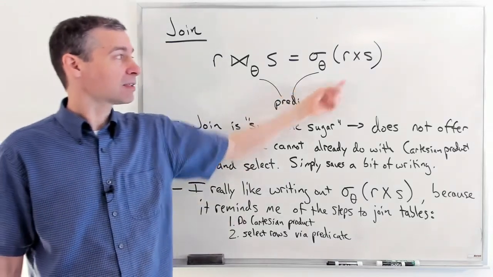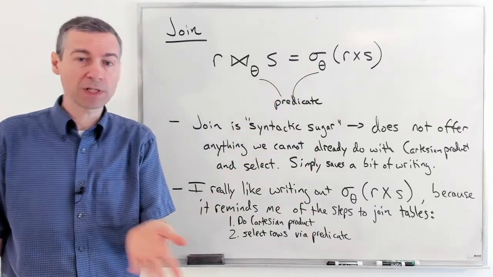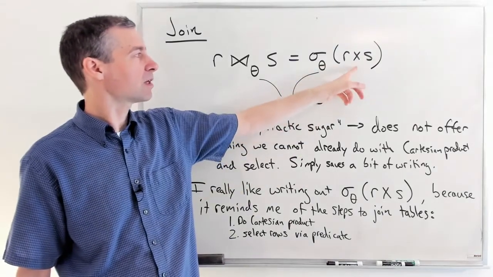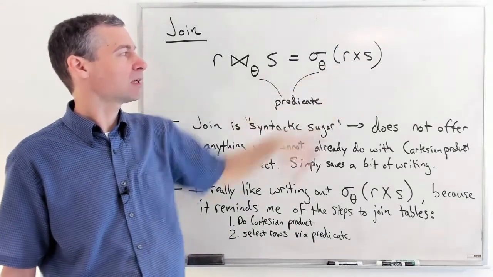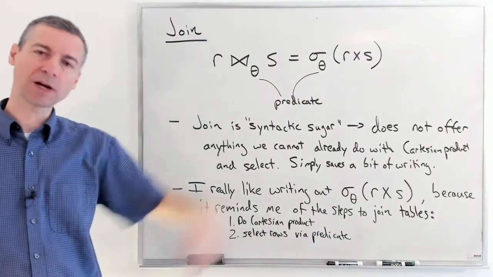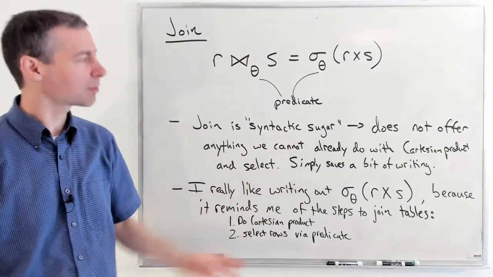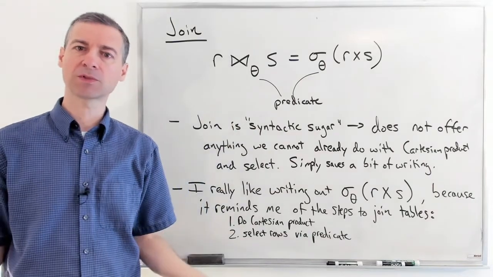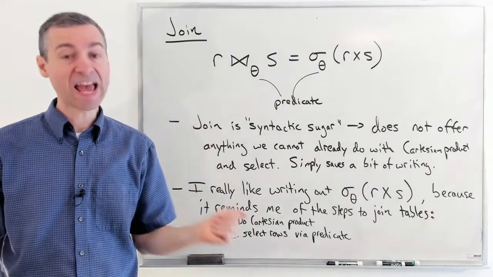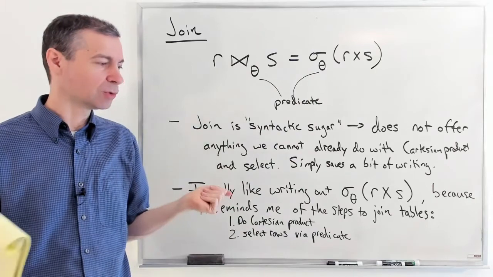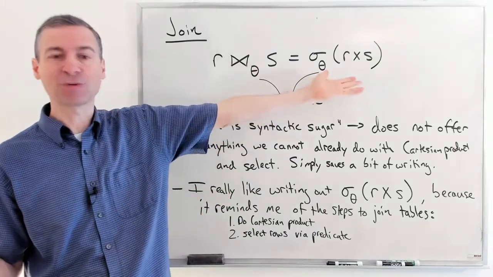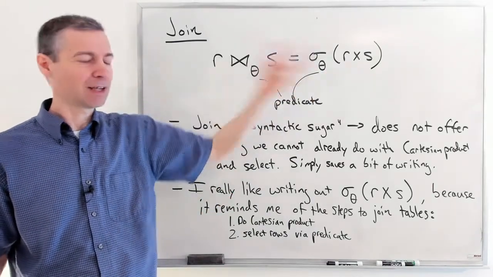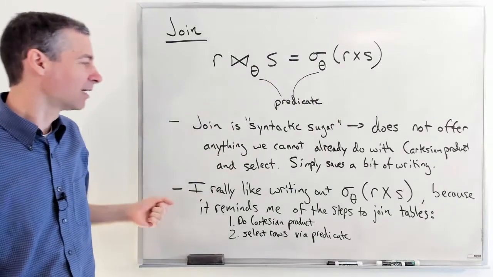When you write this, all you have to do is read it. Oh yeah, parentheses inside of there. I'm first going to take the Cartesian product of those, and now I've got that Cartesian product. Oh, what am I going to do? I'm going to select based upon this predicate. What are the resulting rows? It spells out exactly what to do. I like it. I like it a lot.